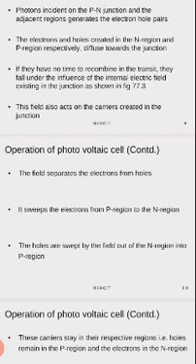The holes are swept by the field out of the n region into the p region.